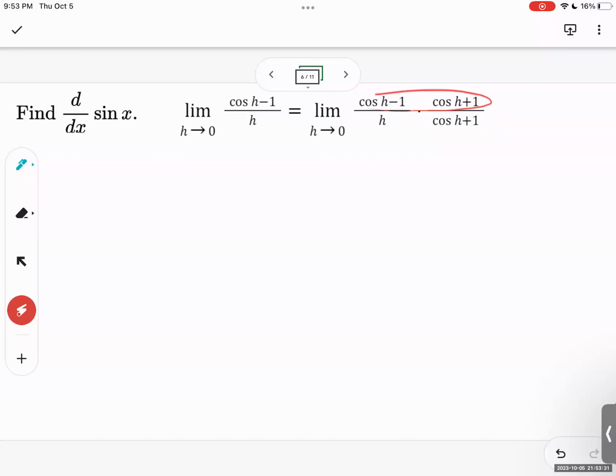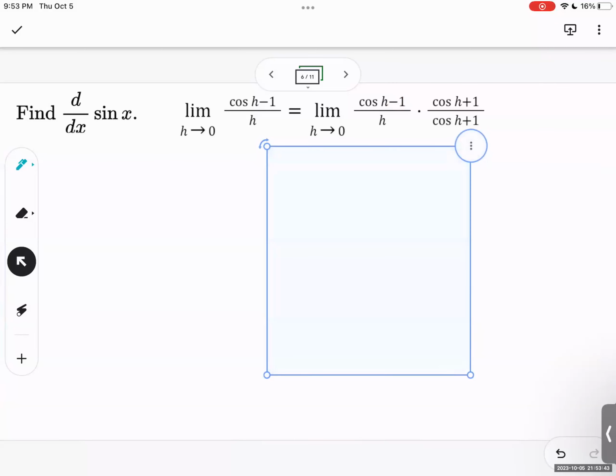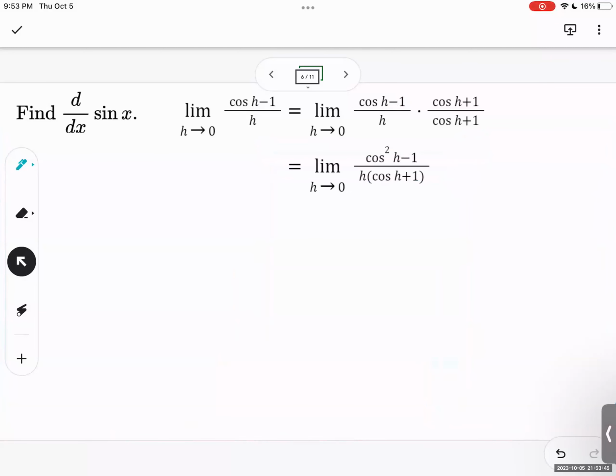The numerator gives us a difference of squares. Cosine h minus 1 times cosine h plus 1 will be cosine squared h minus 1. So the numerator becomes cosine squared h minus 1. And then I'm just merging the denominators, h times cosine h plus 1.